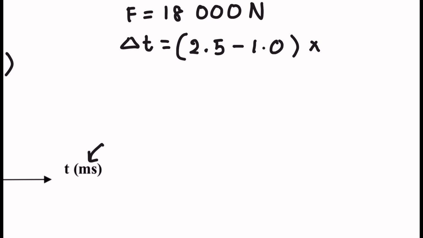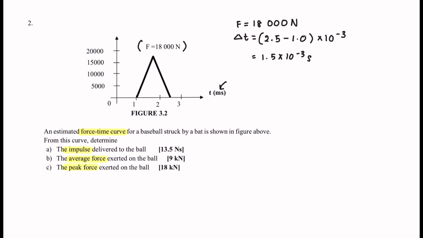So you times 10 negative 3, so you get 1.5 times 10 negative 3 second. Okay, so now we have our information box.